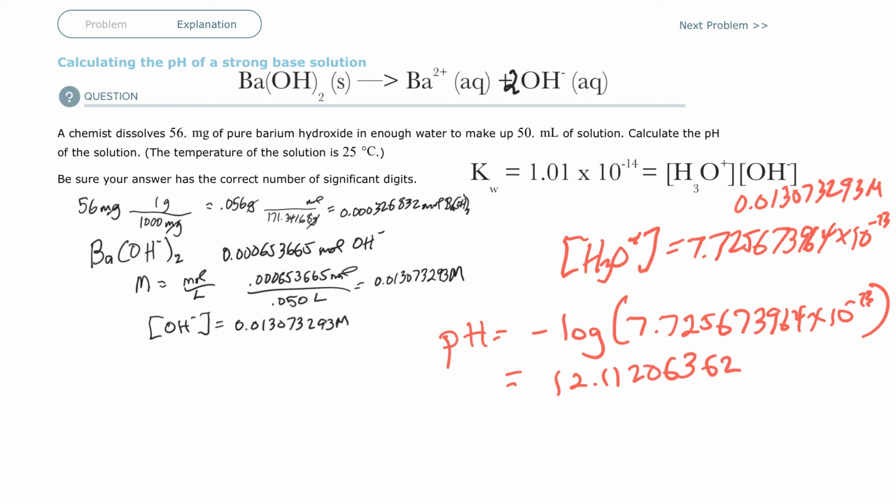And then I have to remember that if I have the number of significant digits at the top, which is 2 here and 2 here, when you're translating them into pH, refer not to the total number of significant digits, but the digits after the decimal point. So if there's 2 here, I have to have these 2 digits here. So my final answer is that the pH is equal to 12.11. Lots to chew.